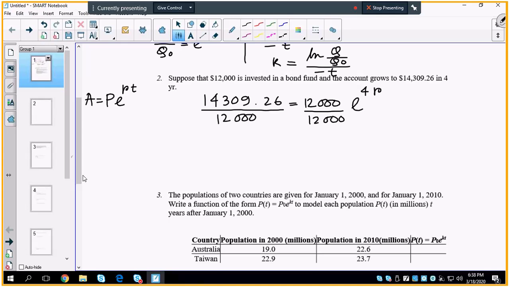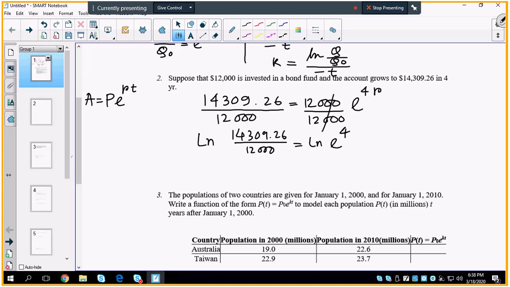Then I will use our base e to take natural log on both sides. So I will get natural log of $14,309.26 over $12,000 is equal to natural log of e to the power 4r.